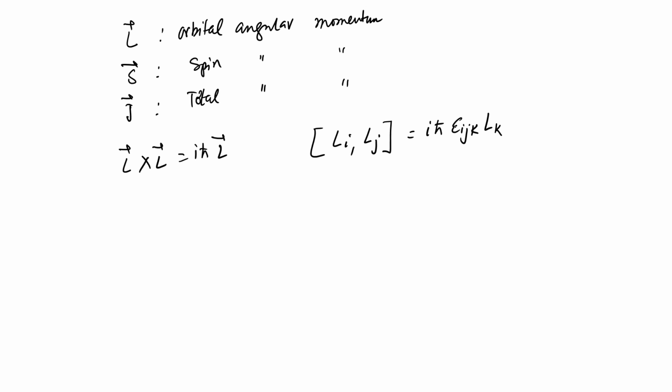for the angular momentum. And similarly, we have S cross S equal to i h cross S, and similar relationships follow as well, that the S_i, S_j commutator is i h cross epsilon_ijk S_k. Now, this epsilon_ijk, we have explained that before, it is called the Levi-Civita symbol.